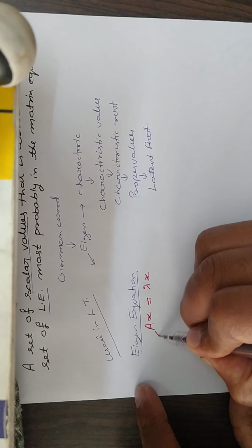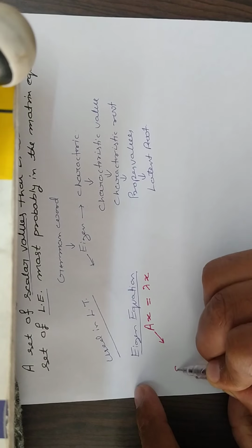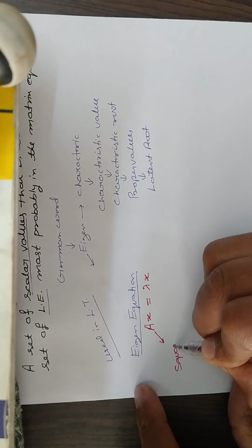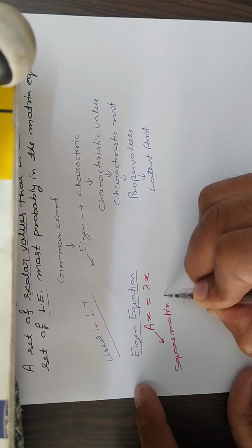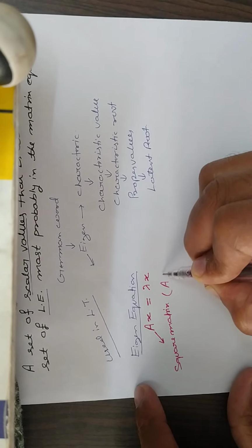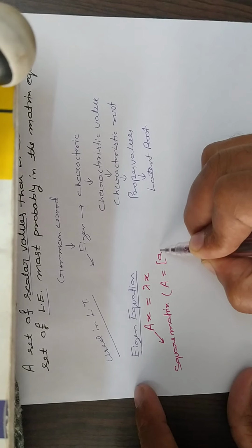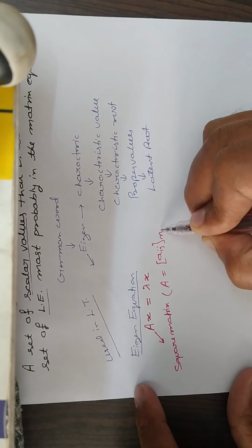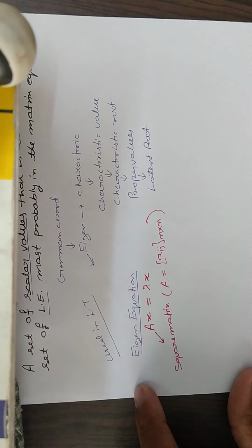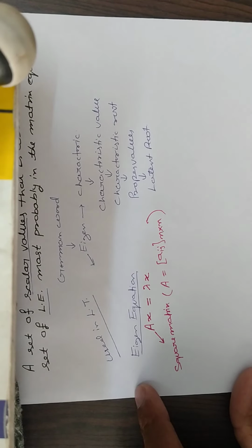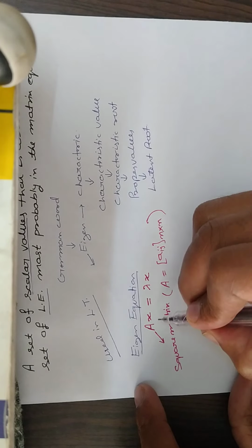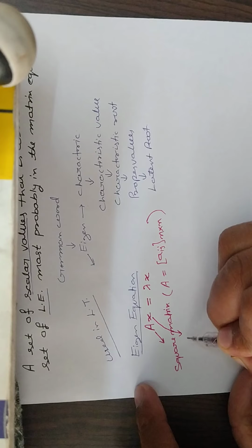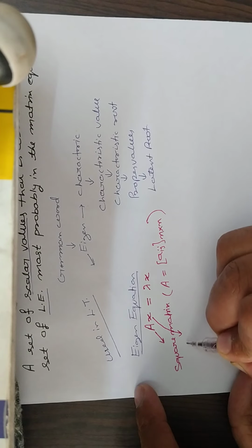Suppose this is a square matrix, so we can say that A equals Aij, n cross n.